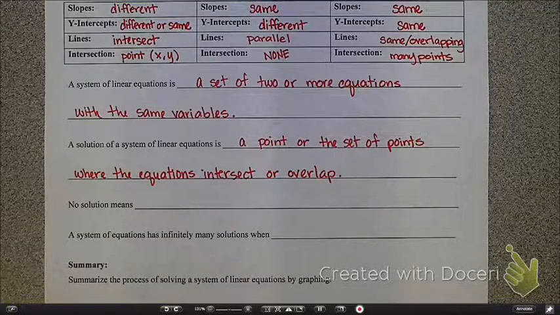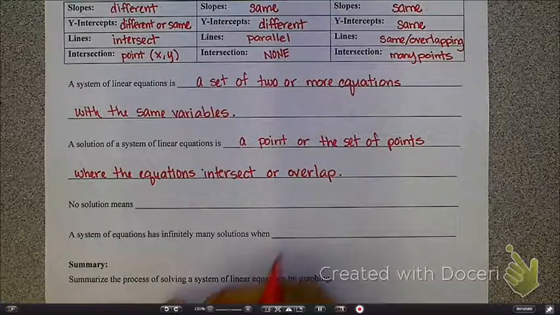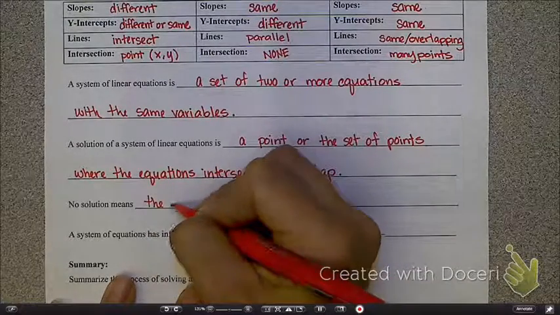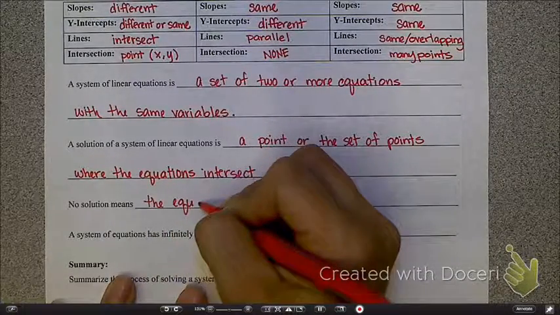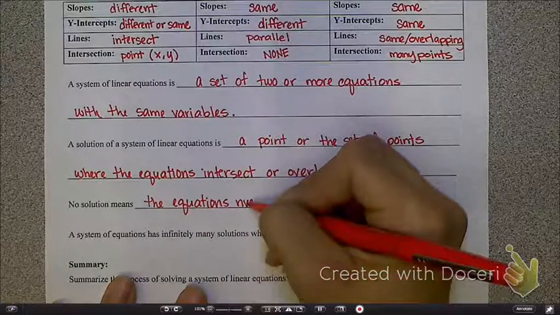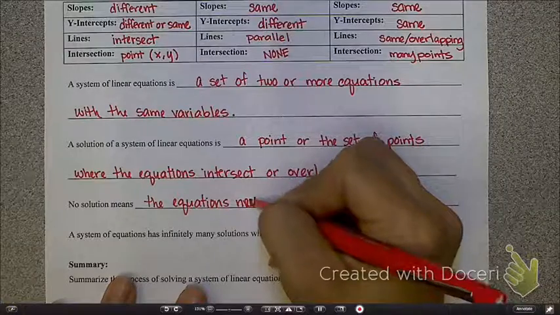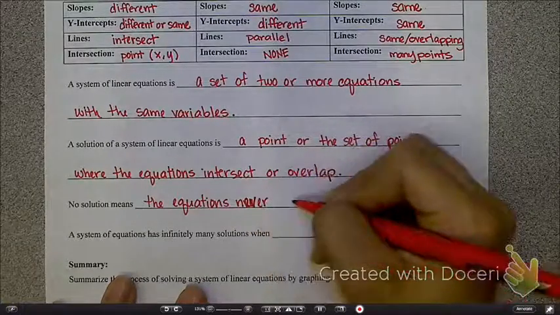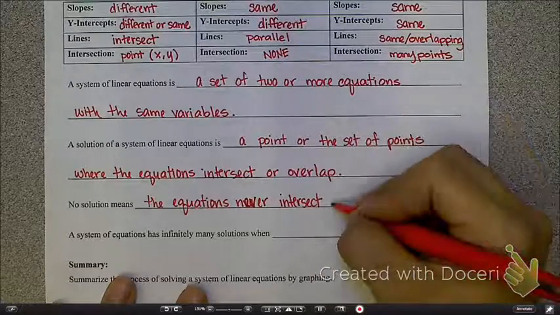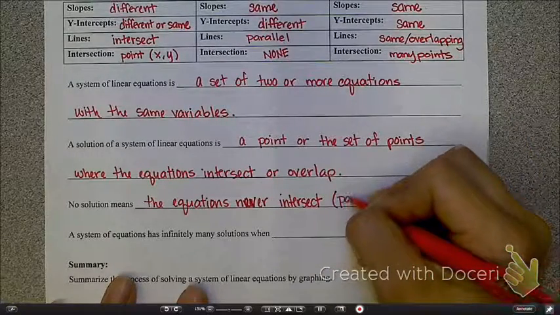All right, let's take a look at the third one. No solution means the equations never cross or intersect. Some of you might have also written that they are parallel.